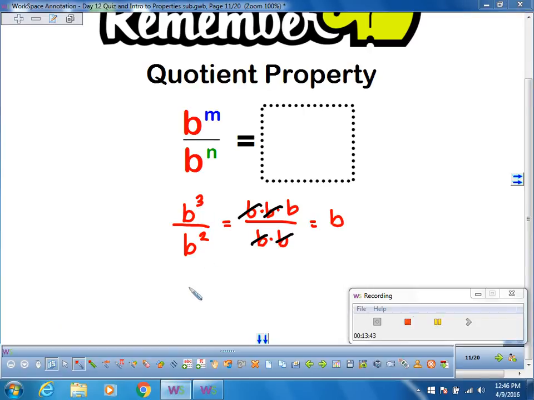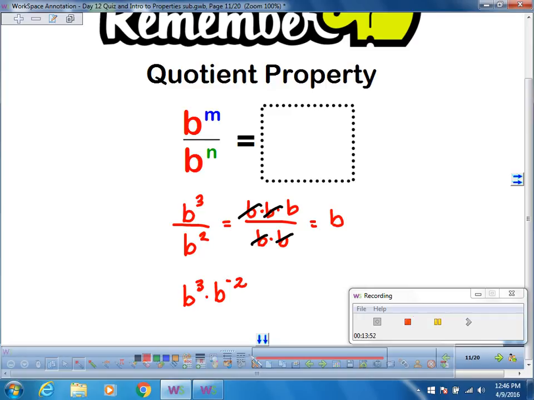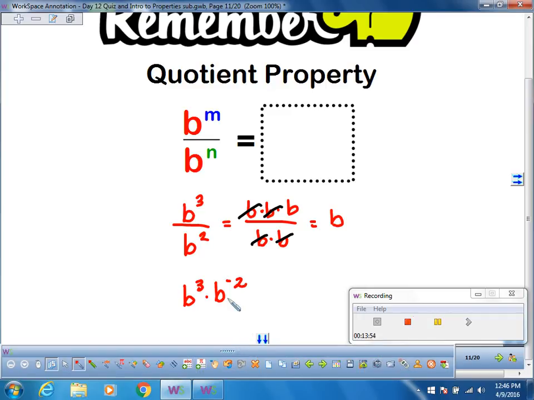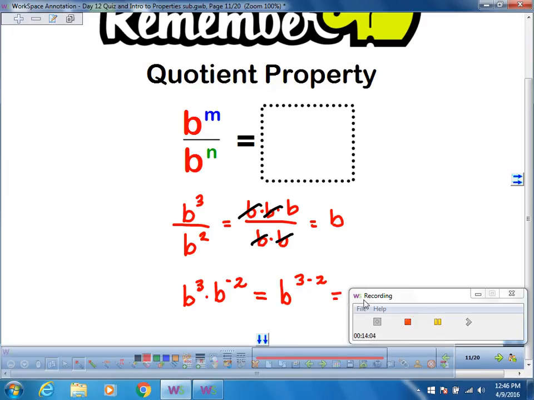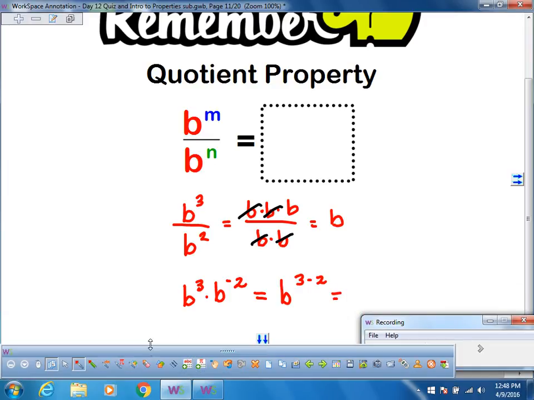We could have written this as, I have b cubed. B squared, if I bring it into the numerator, is going to be b to the negative 2. Well, now I can use my product property and combine those two exponents, and 3 minus 2 is just 1, so I have just b, just like I had before.